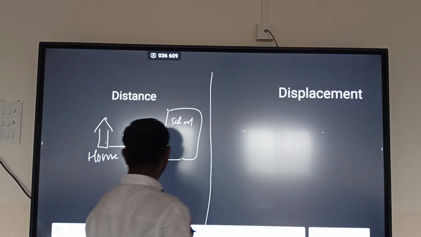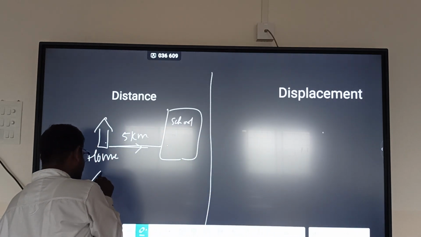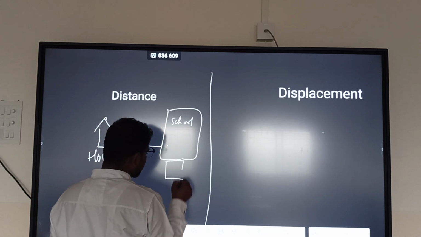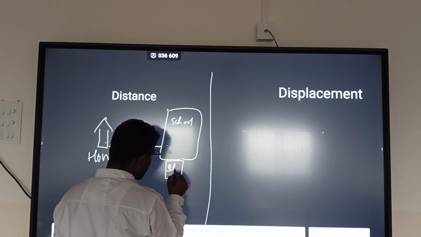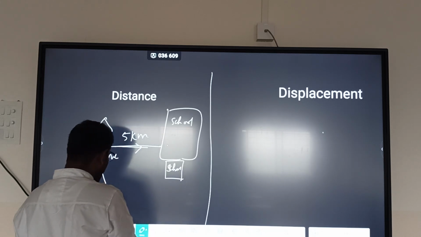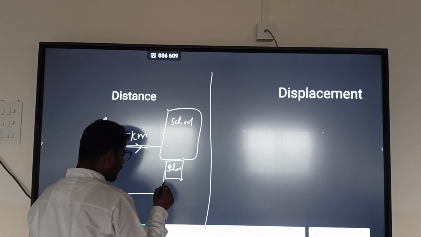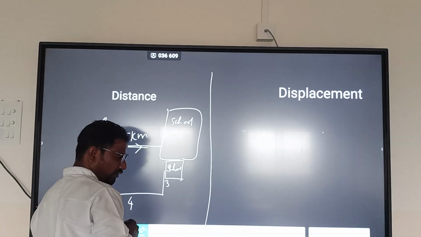Another situation: this is his house and this is the school. He goes like this and reaches. This is 4 kilometers, and this is around 3 kilometers.